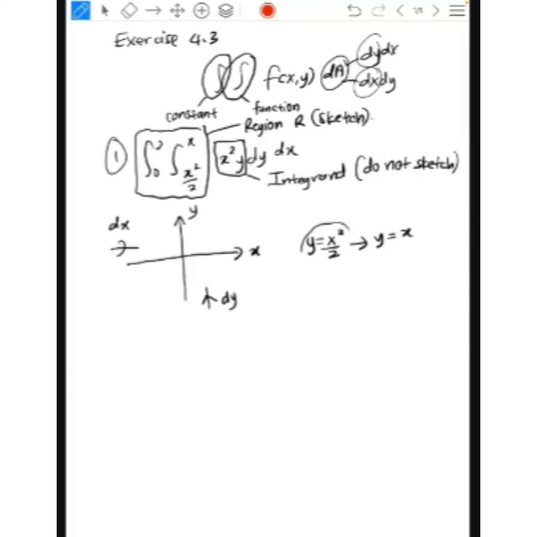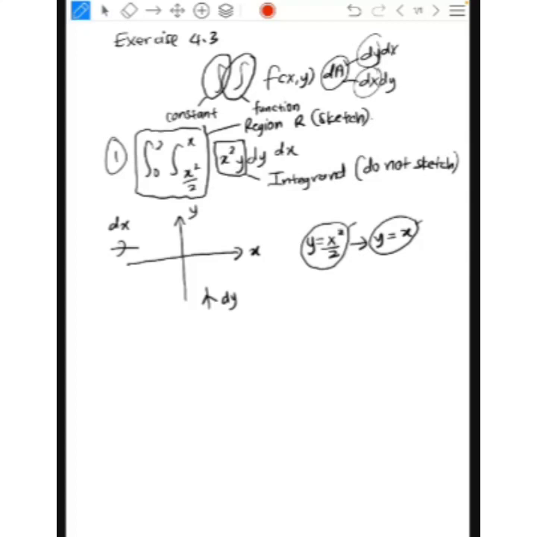It must be from the smallest value to the largest one, from below to above. The limits you have to read from below to above. However, when you substitute the values, it must be from above to below. That's the difference.